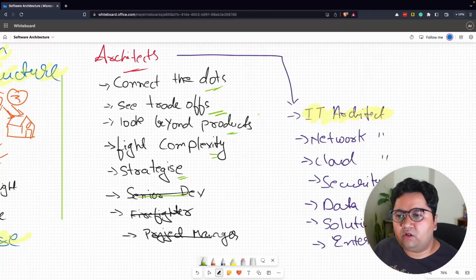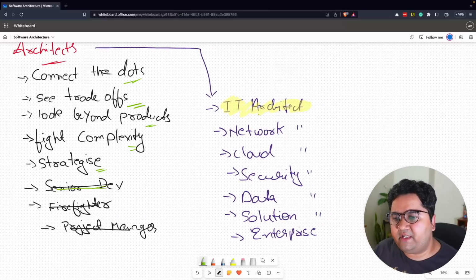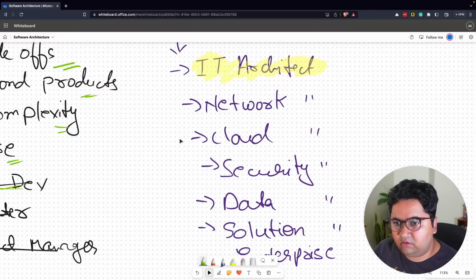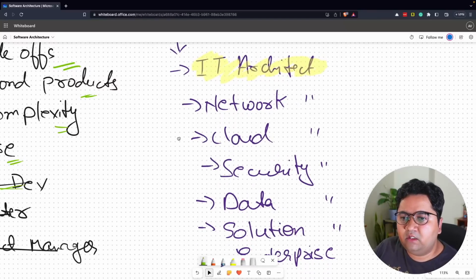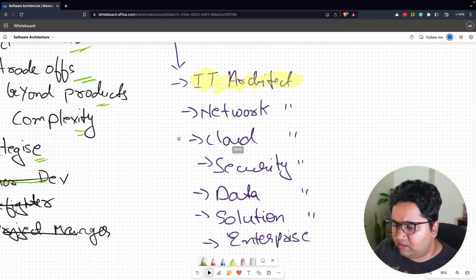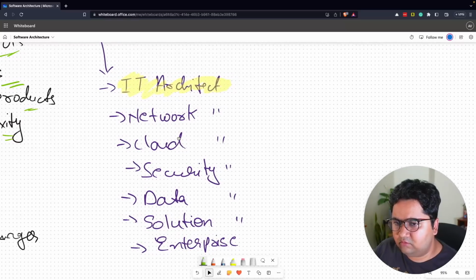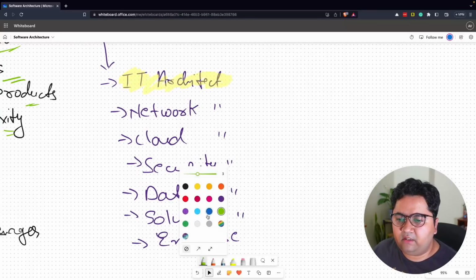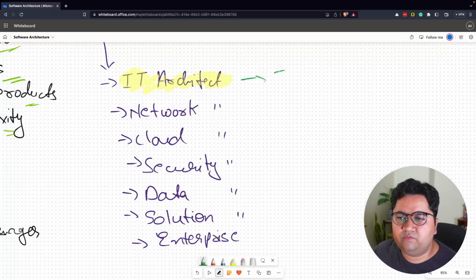Now let's move on a bit further. When we talk of architecture or architect in IT, there's a lot of confusion. IT architect is a very general term. It could refer to anybody who's working in the IT industry.